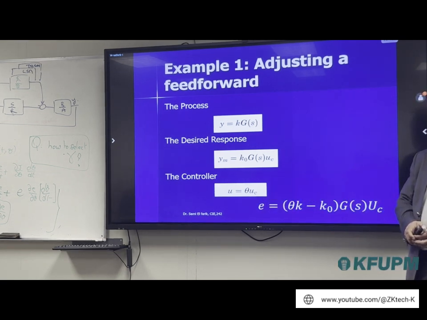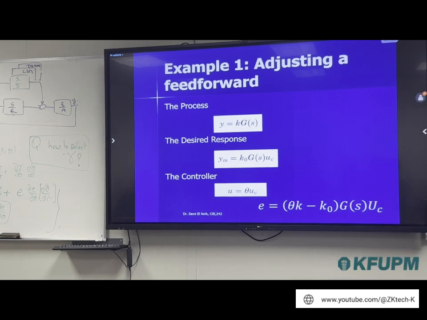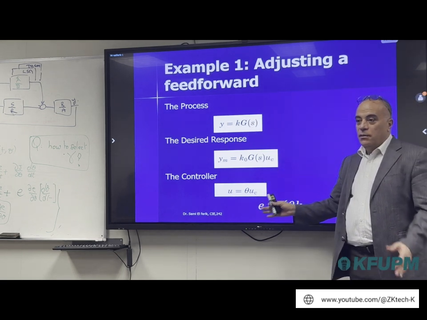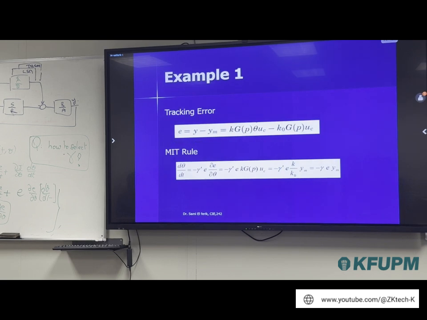Everybody is okay with this? Simple? So we want theta k minus k0 equal to 0, ideally. But we want to make it as small as possible, because maybe there is a disturbance in the value of y that I'm not seeing.